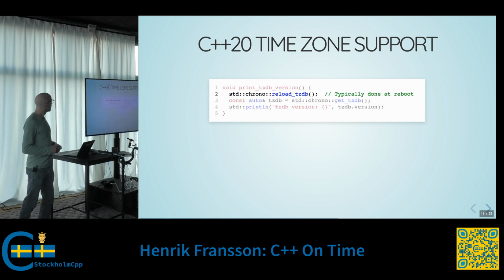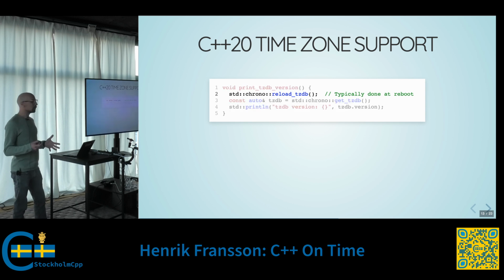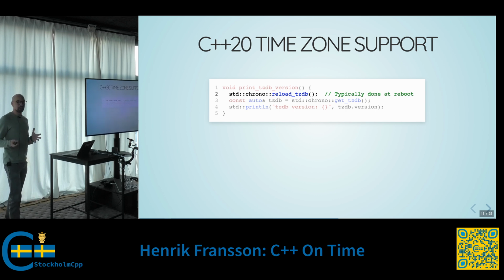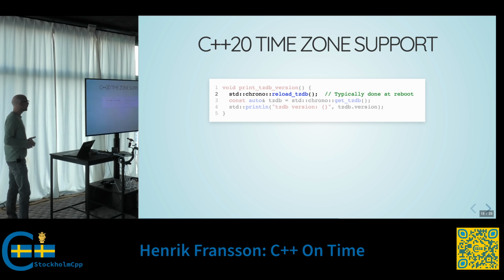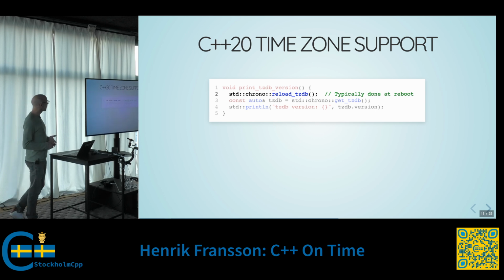And this is something I didn't know. You can actually update your time zone database, the local one, at runtime. Because think about it, if you have a very long-running application like a mainframe, some bank system, for example, the time zones will change in the world. And your application might need to live with that. So you might need to reload it as you actually execute your application.